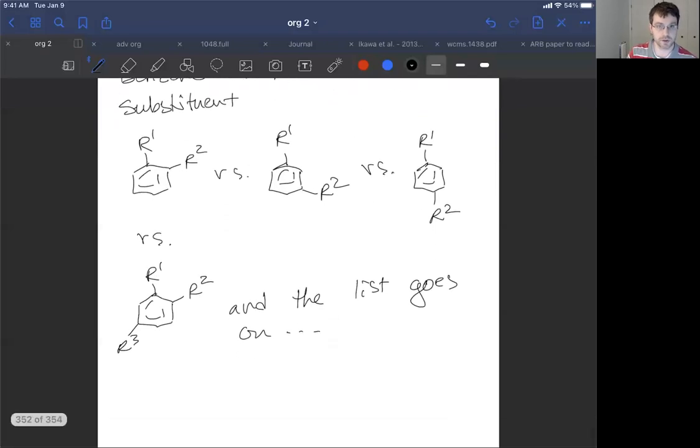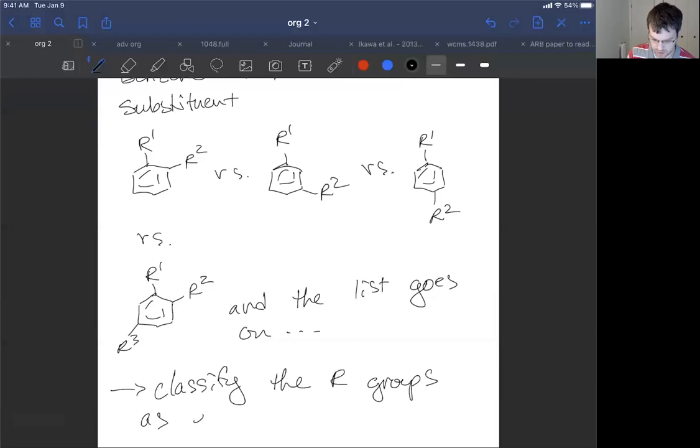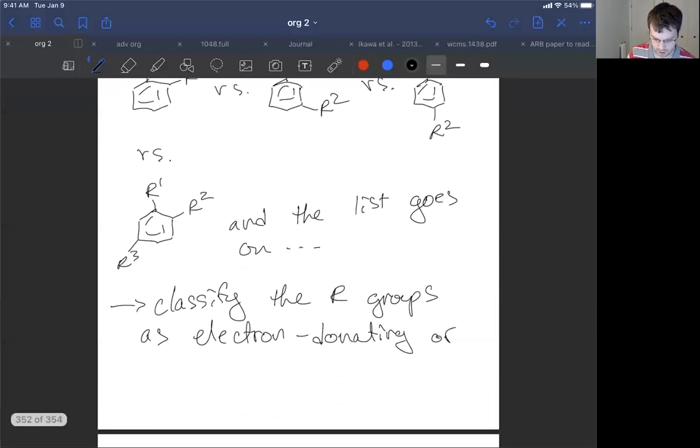Well, what we have to do first is classify the groups as electron donating or electron withdrawing. Okay, so we've got them classified.